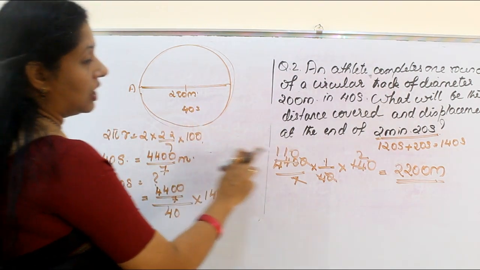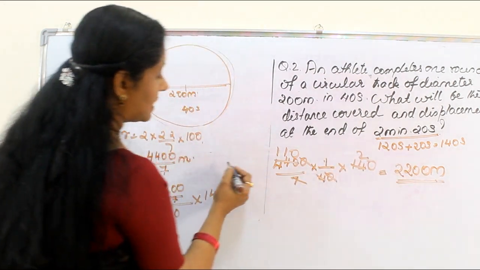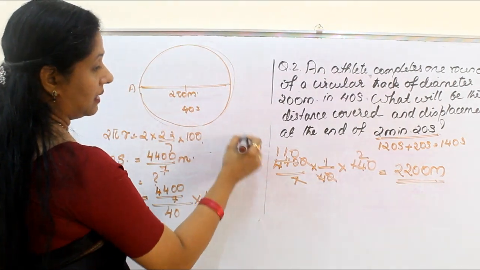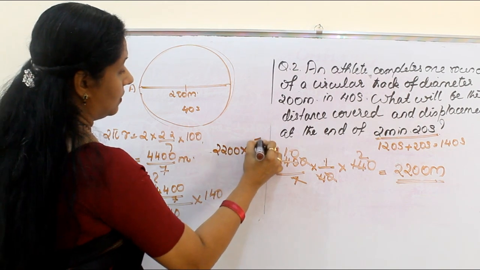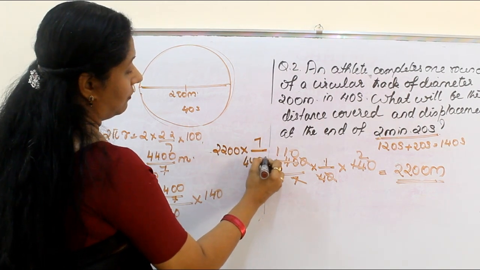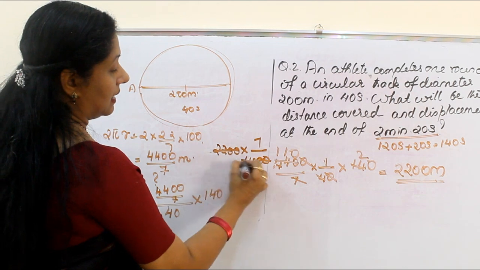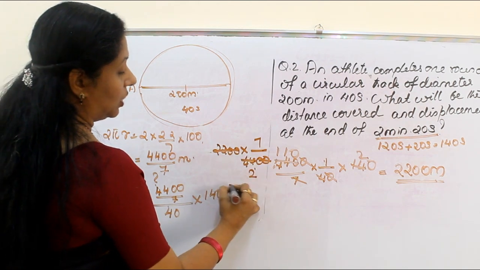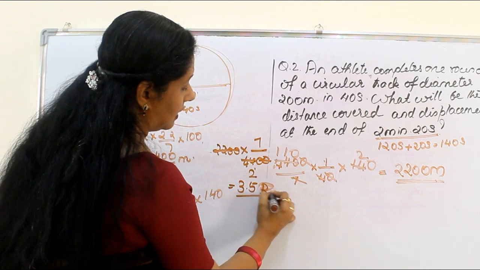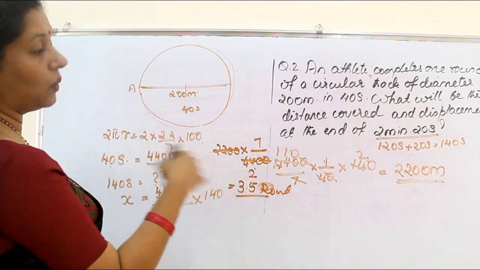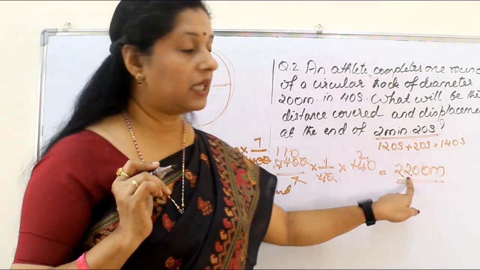So 2200 meters means how many rounds? That is 2200 into 7 upon 4400, so you can say this is 7 by 2. He has run 3.5 rounds, not meters. 3.5 rounds he had to run to cover this much distance.